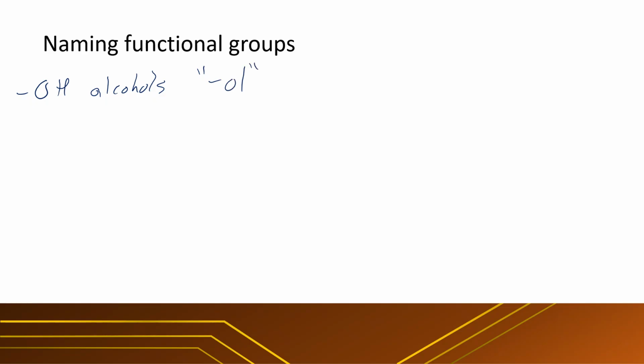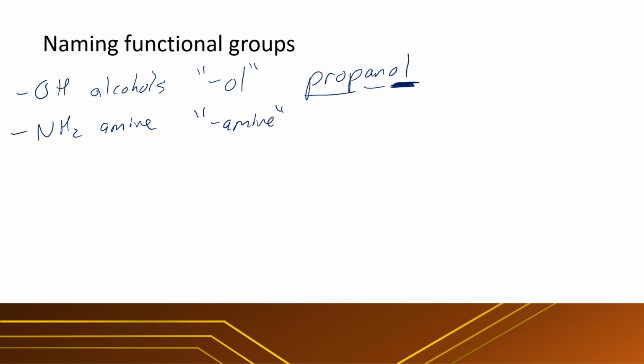So a good one would be like propanol. We know it is an alcohol because it ends in ol. We also know it has 3 carbons and single bonds between them, propanol. If we have an NH2 group somewhere in there, which is called an amine, it actually has the word amine in there somewhere, like methylamine.